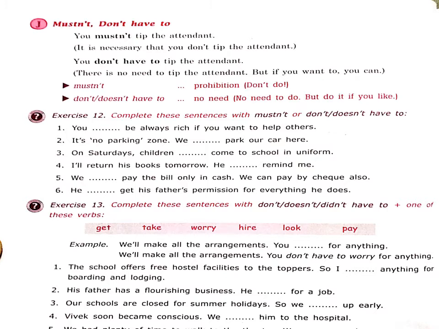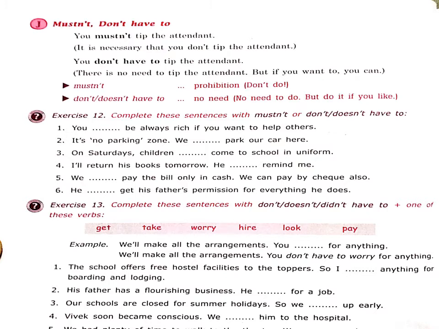That doesn't mean it is necessary, so we'll ask simply here: you don't have to be always rich if you want to help others, right? So there is no necessity or prohibition. So there you can write: you don't have to be always rich if you want to help others.